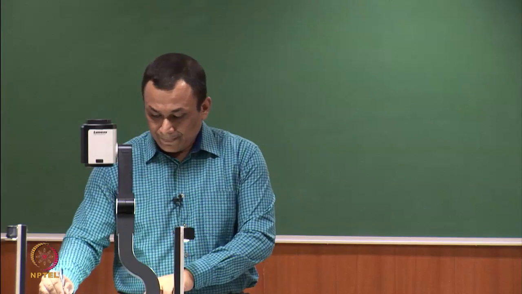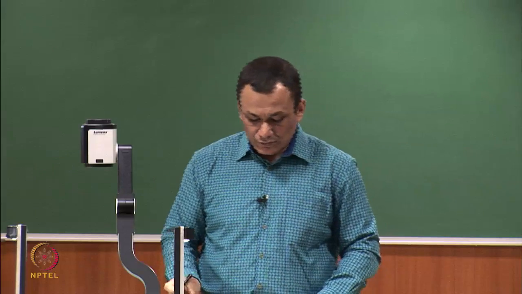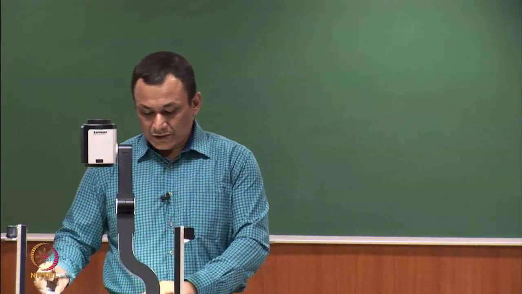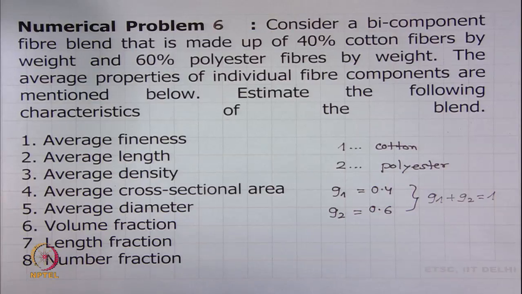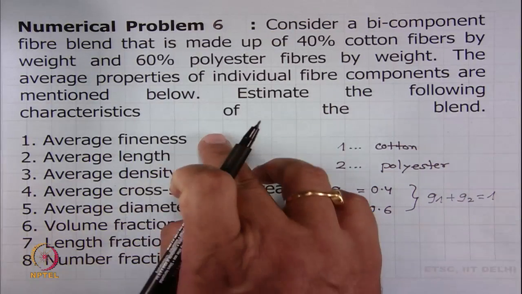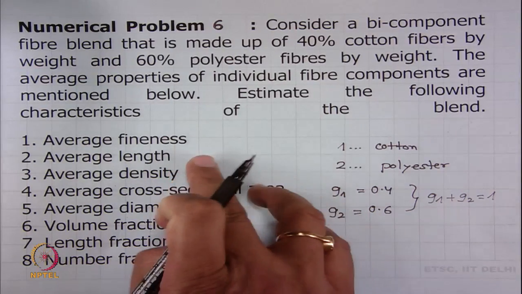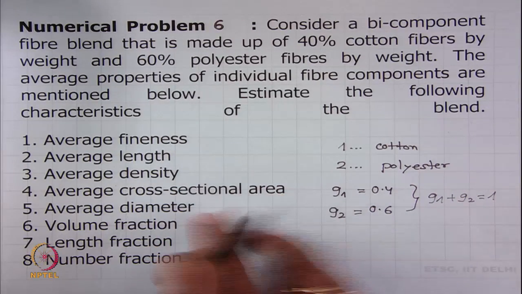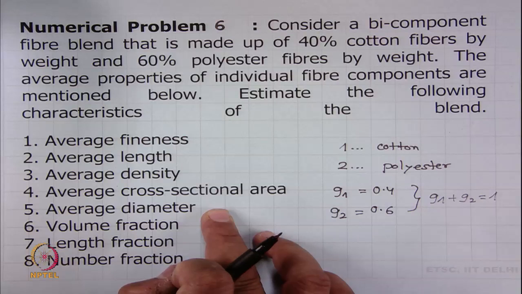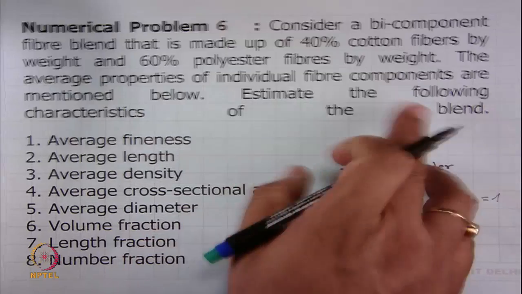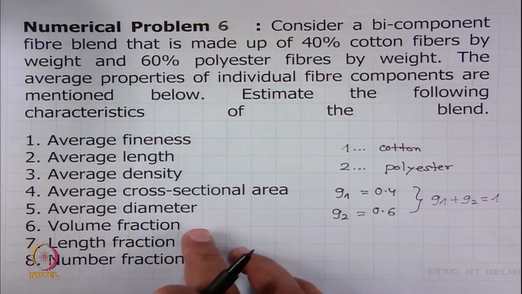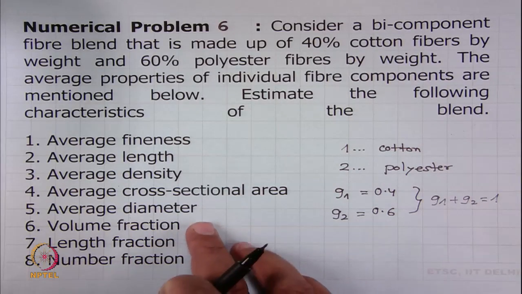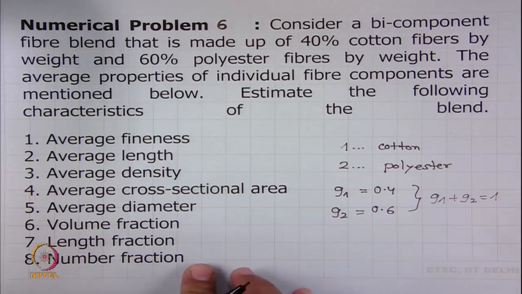These 4 data are given. What you have to find out? You have to find out these characteristics of the blend: average fineness of the blend, average length of the blend, average density of the blend, average cross sectional area of the blend, average diameter of the blend. 5 characteristics I told you earlier, and mass fraction is given. So, the remaining 3 fractions: volume fraction, length fraction, number fraction.